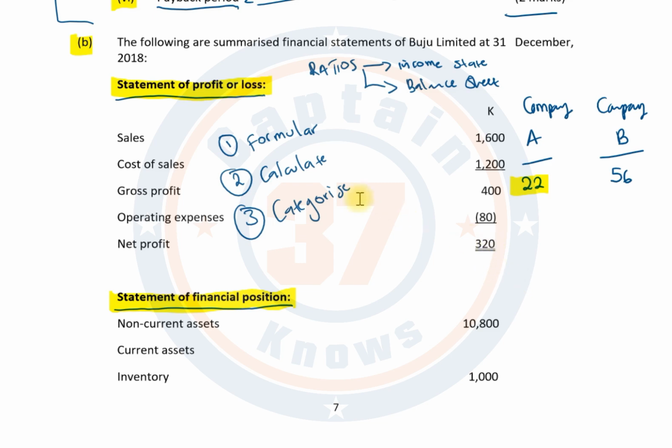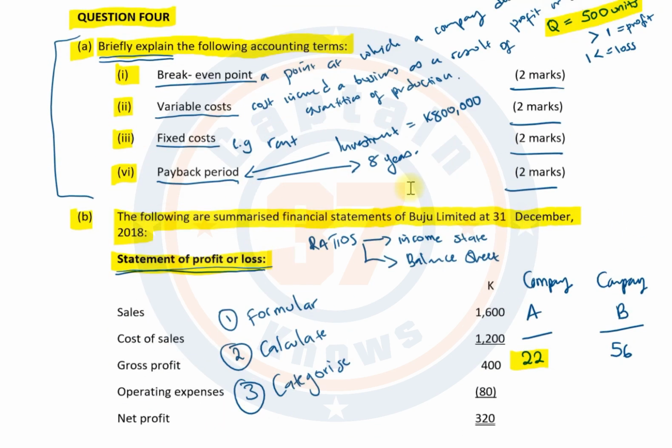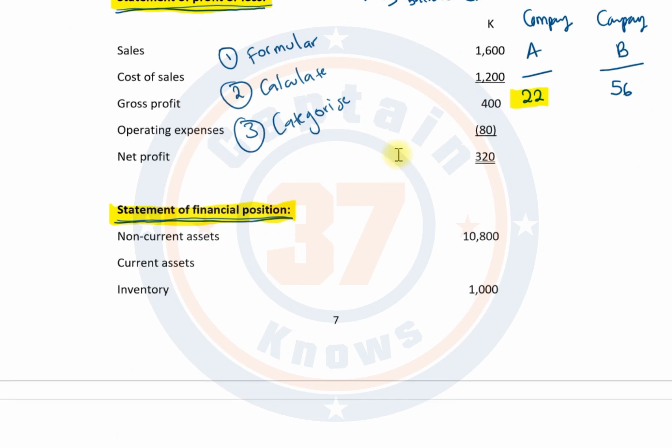I do not want this to turn into a theoretical lecture, and therefore I will turn your attention to this question again. Let me highlight it. It says, the following are summarized financial statements of Bujo Limited at 31st December 2018. What is being provided here is the statement of profit or loss, and also the statement of financial position.